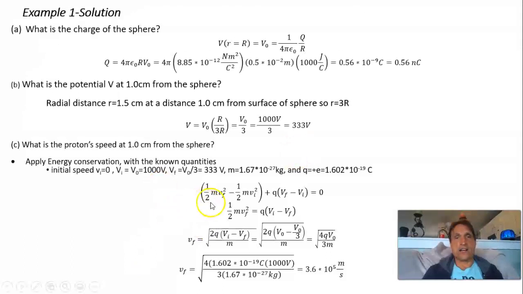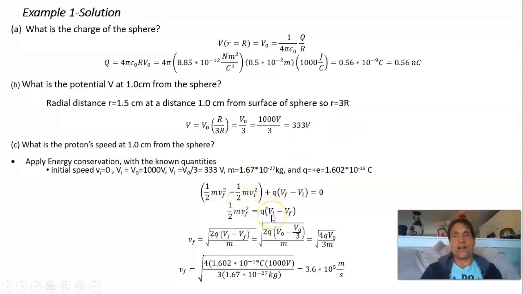So we can apply energy conservation, which says that the change in kinetic energy plus the change in potential energy is equal to 0. In other words, whatever potential energy is lost is gained as kinetic energy, just like with gravitational problems. Here the initial speed is 0 because the proton is released from rest, so that term gets canceled.